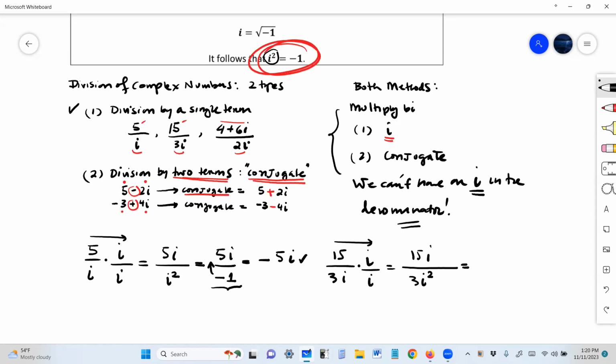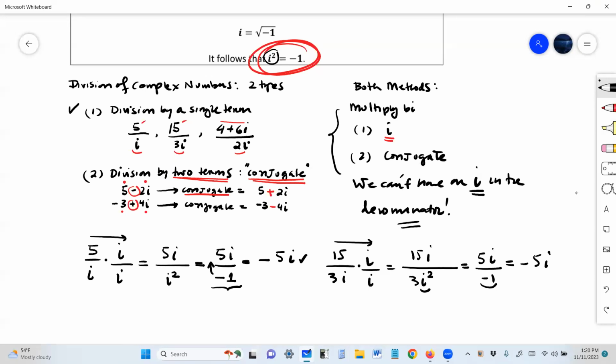Okay, so I can do 15 divided by 3 is 5i. And now, remember, this is minus 1. Okay, so again, move this thing up, minus 5i. Okay, so a single term is very straightforward.